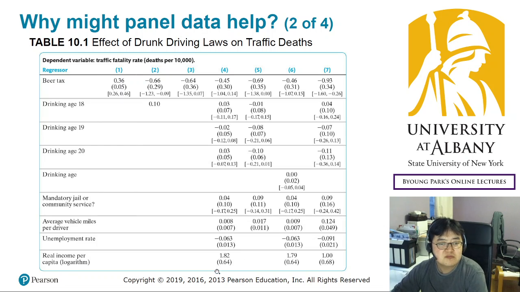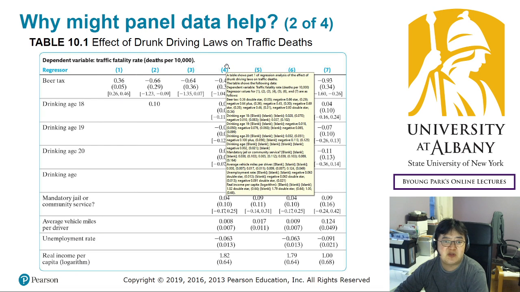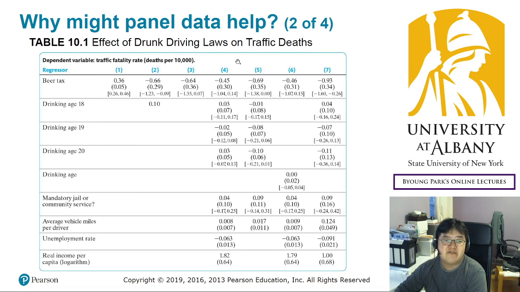As you can see, number 3 and number 5 are not much different, which means these control variables are less important. But there is a larger difference between 4 and 5, whose difference is in these economic variables, implying that there is a big difference in the effect.